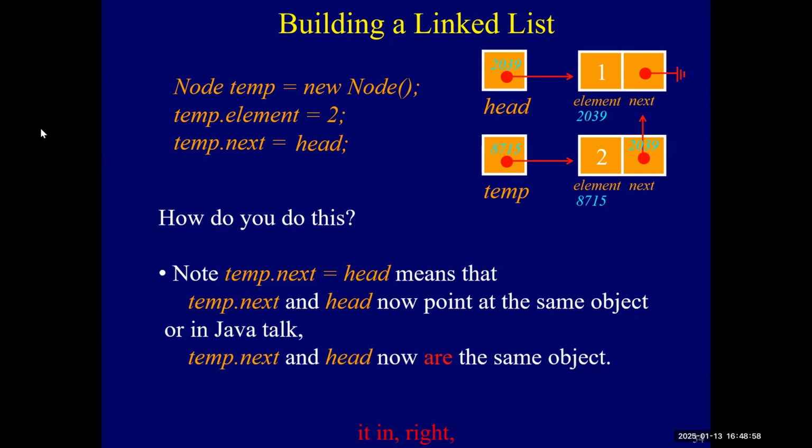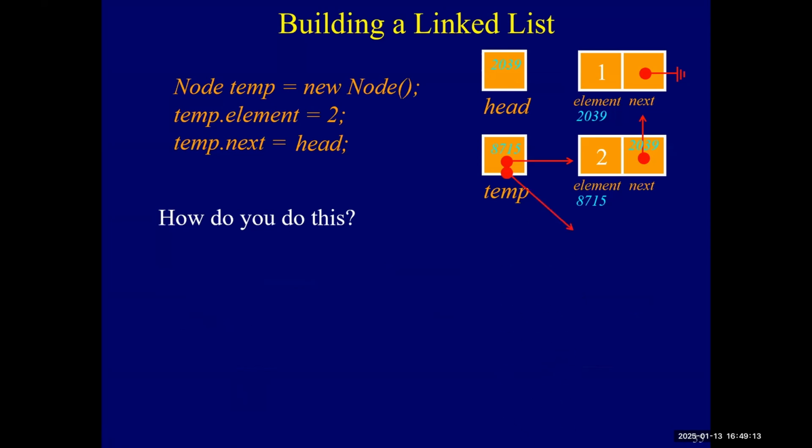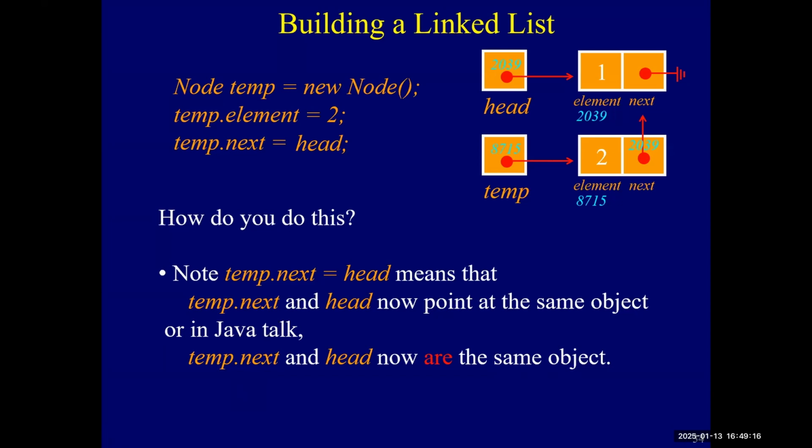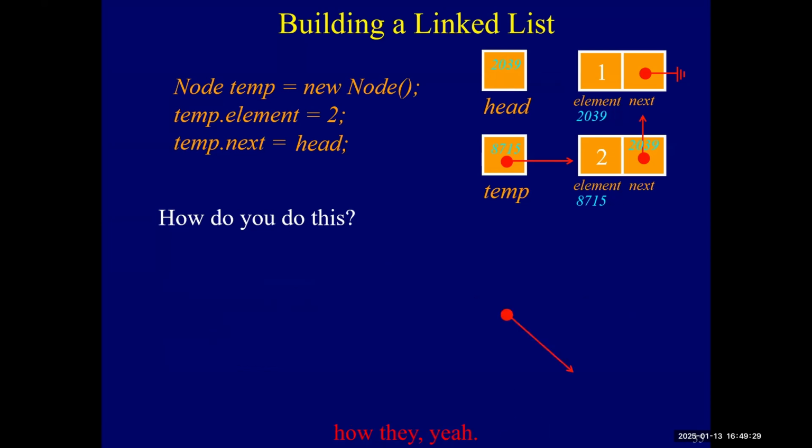If we're doing it in Java, we could say they are the same object, right? Everybody good? Anybody actually read a Java book, and do they draw pictures of pointers? How do they draw? They must draw linked lists as linked lists, right? So I don't know how they, yeah.